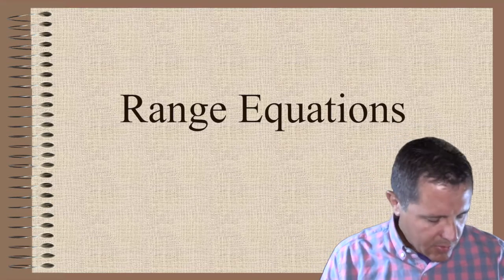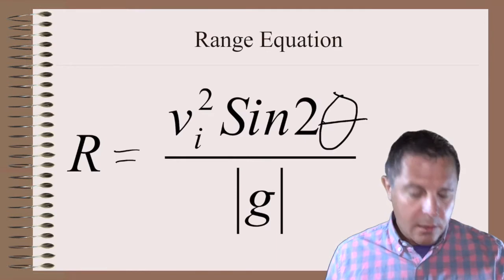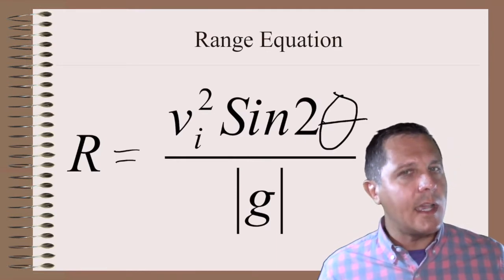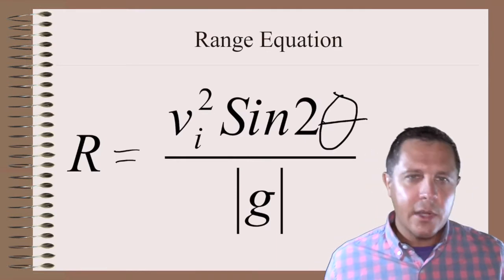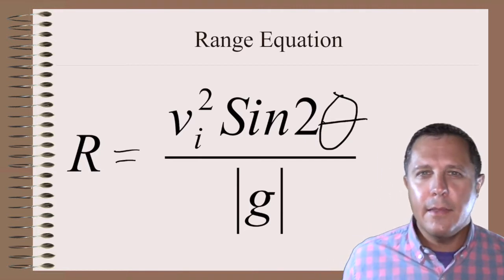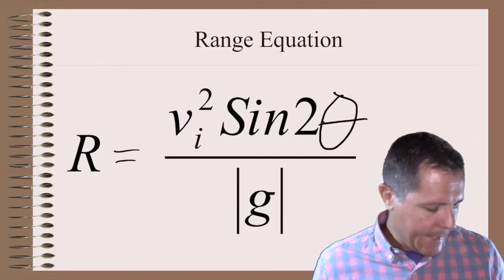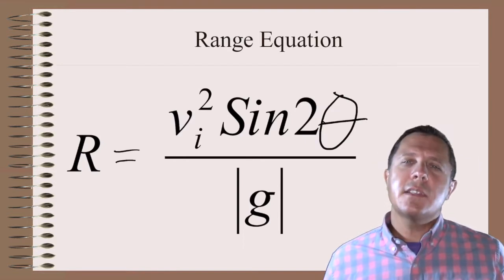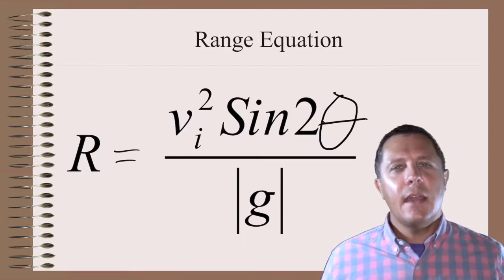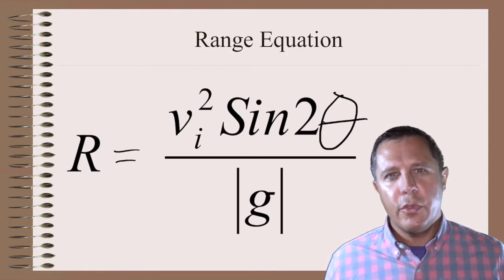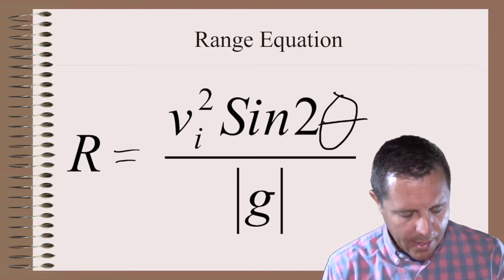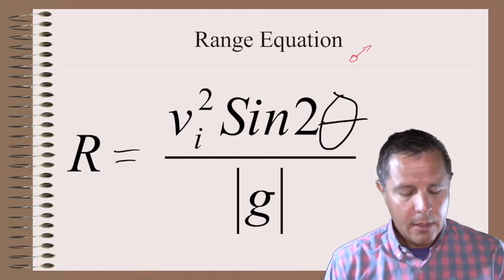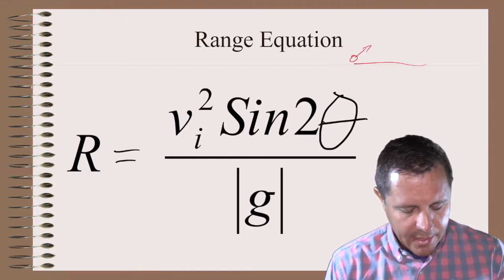All right, so let's talk about the range equation. I'm going to apologize for the handwritten parts. For some reason, the equal sign and the theta didn't go through on this iPad. Now range. What is range? Range is the horizontal distance that an object will travel when it goes through the air. So if you think about it, it has to be at an angle, and it has to be a symmetrical path.